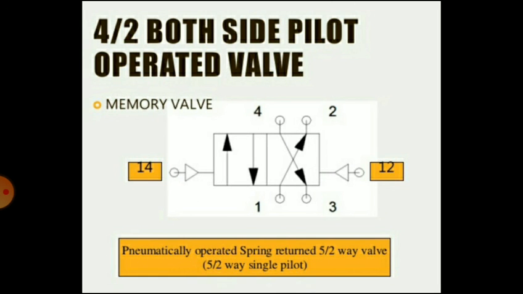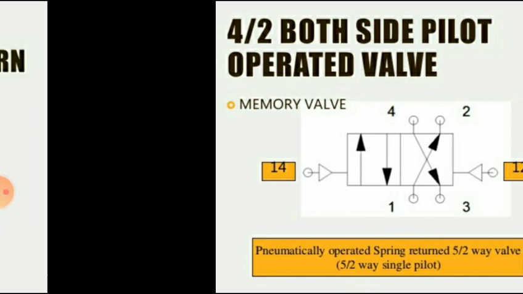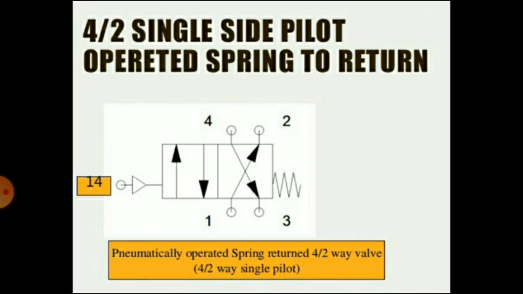Then 4x2 both side pilot operated valve. You can see the symbol. So pneumatically operated spring return 5x2 way valve, or it is also called 5x2 way single pilot. Then 4x2 single side pilot operated spring return. So pneumatically operated spring return 4x2 way valve, that is 4x2 way single pilot.